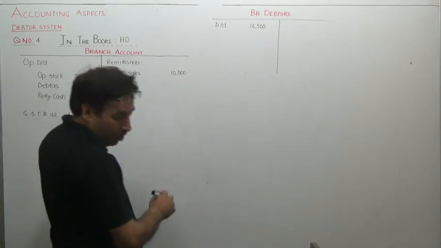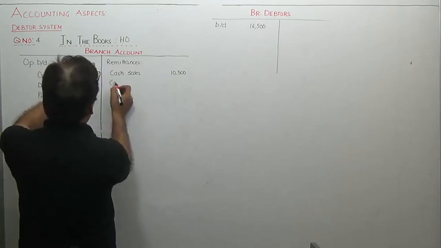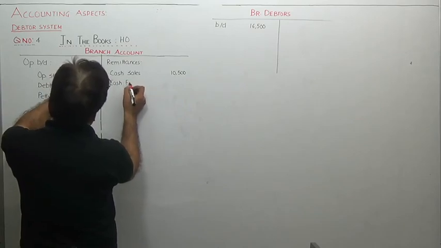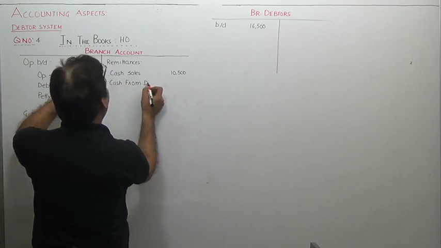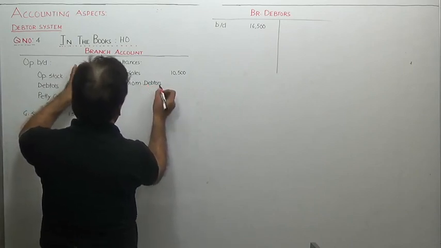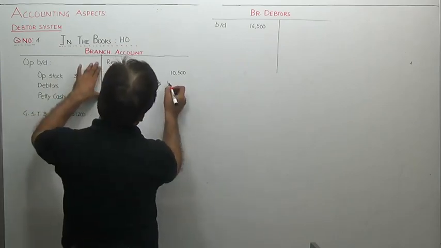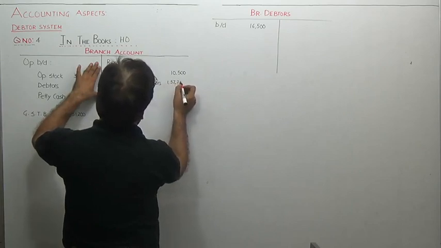And then realization of debts. Realization of debts means cash from debtors. So you realized from debtors this much of amount, again on the outer column, that is 1,57,740.